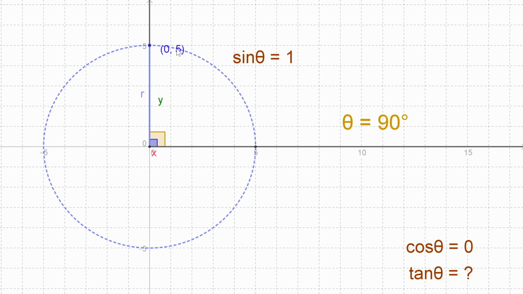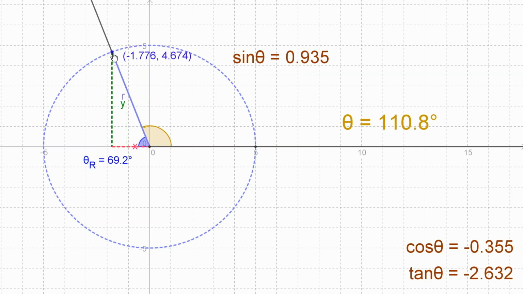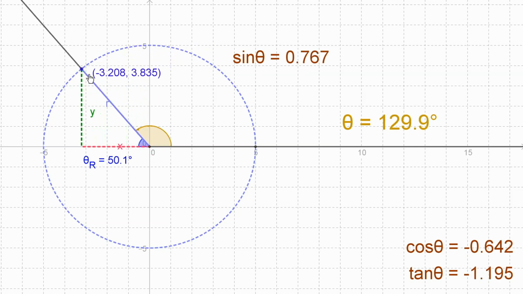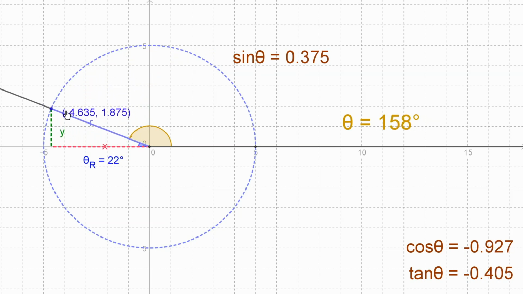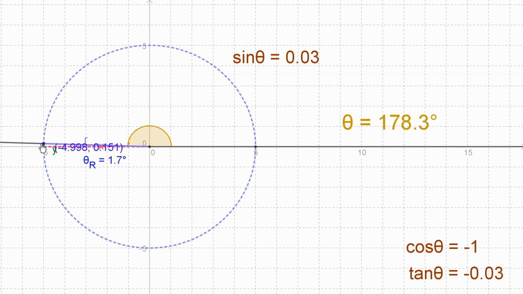The y-coordinate's 5, the radius is 5, you divide those two, you get 1. So the sine ratio for 90 is 1. If I keep going here, now the y-coordinate's starting to go down again. And as you get to the next quadrant angle, 180, the y-coordinate is again 0, and we have 0 divided by 5. So for 180, the sine ratio is 0.